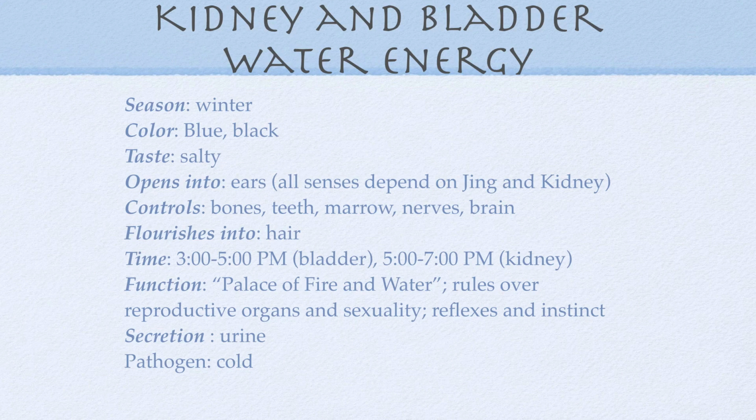And at the same time, it's a fundamental phase, because if that phase doesn't happen, nothing can grow in the spring. It's that dormant energy, deep unconscious energy. So the season that is a good season to replenish our kidneys and bladder is winter.